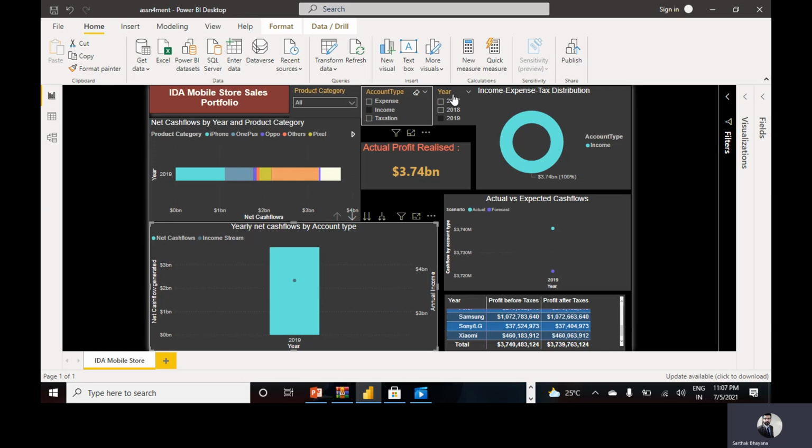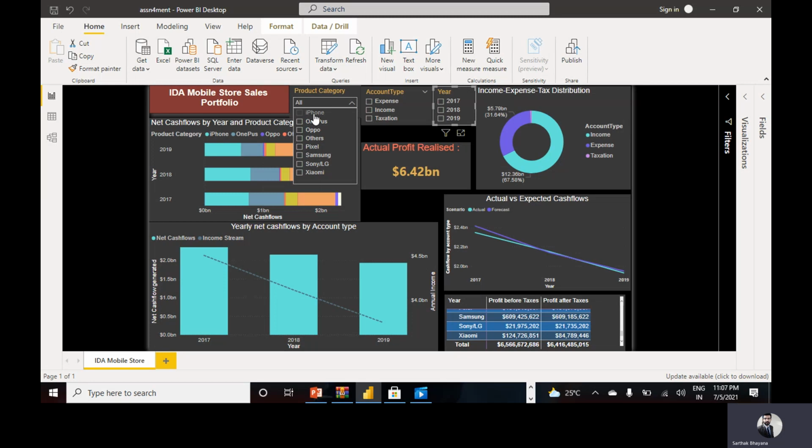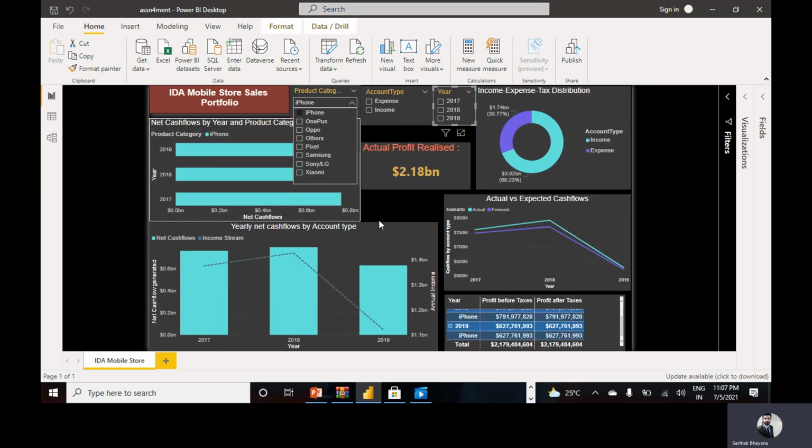If I remove all this and I want to study, per se, a product, say iPhone, we see here that in the case of iPhone, the sales initially increased from 2017 to 18, and then it again took a dip in 2019, as evident from this graph as well as all the other graphs. Again, this is a matrix highlighting all the summaries.